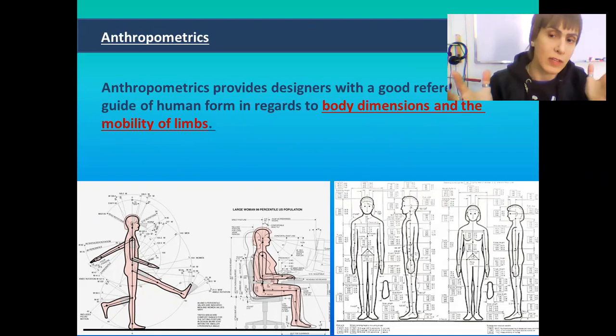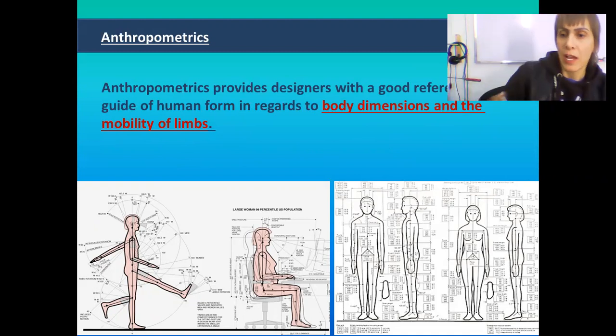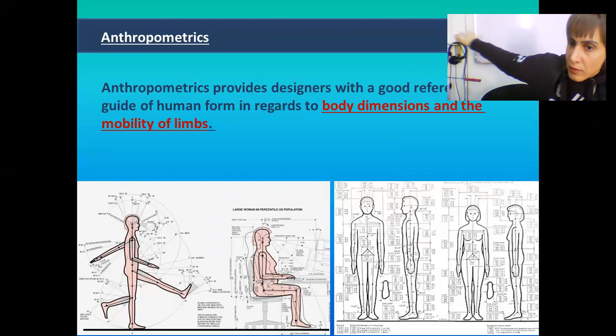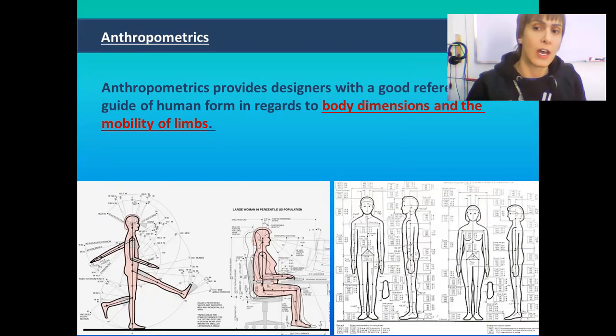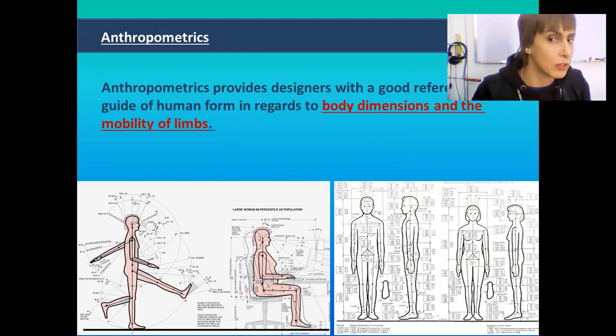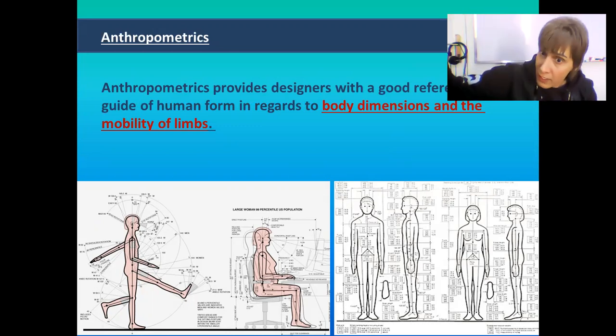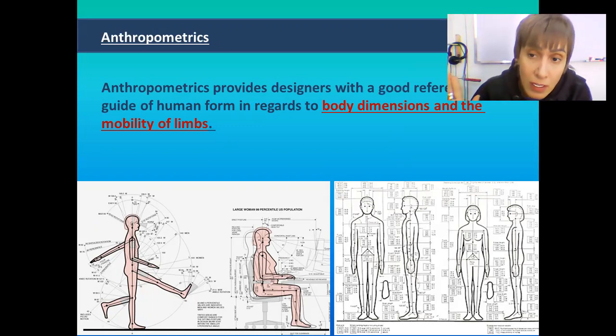So the mobility: for example, how much can I pick up my hand? How much can I stretch it backwards? My head, for example, how much can you move it sideways? Okay. Obviously, you cannot move your head 360 degrees. There is a limit. So the limit of the mobility of the limbs, okay?